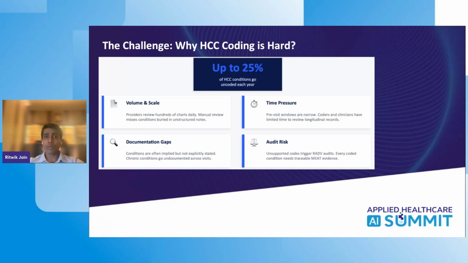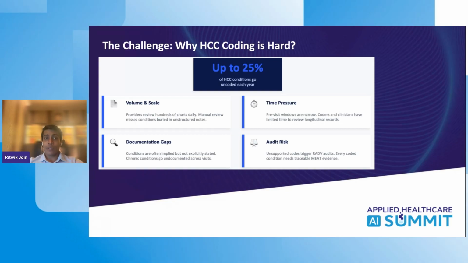When you're doing this process manually, conditions, of course, get buried. They're often missed, not by mistake, but because no human can catch everything at that volume. And this is an extremely complex problem where accuracy needs to be super high. Then there are multiple rounds of reviews, but conditions still go missed and uncoded.